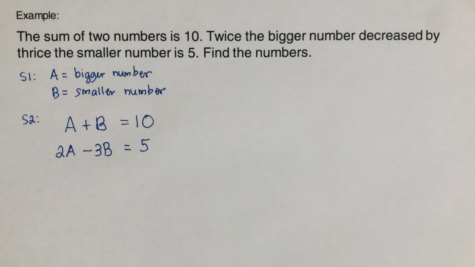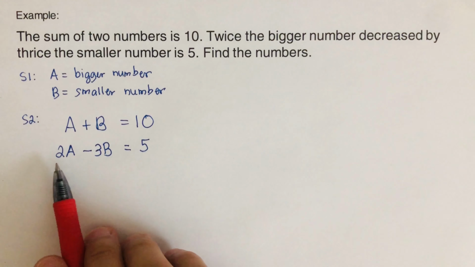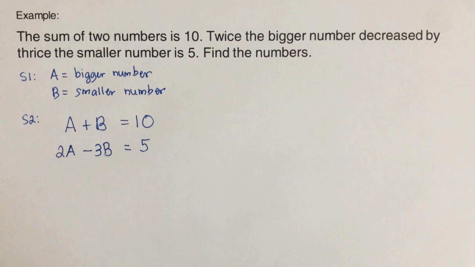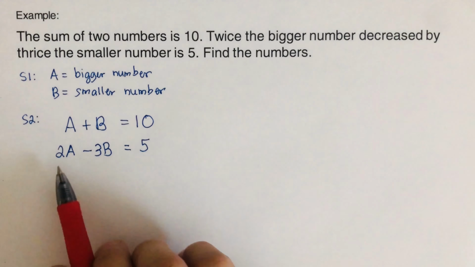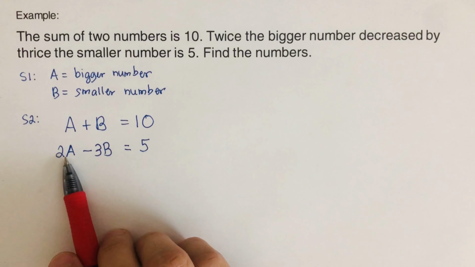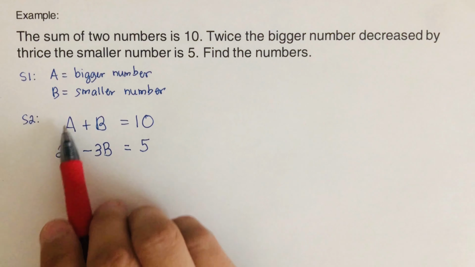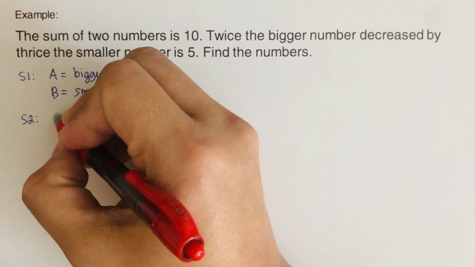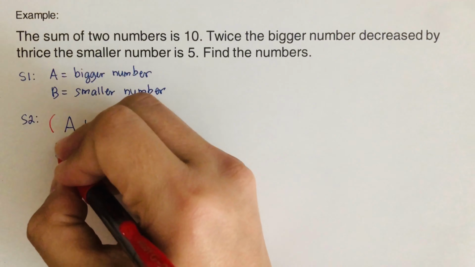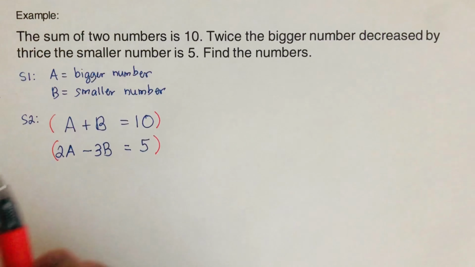So we already have a system of equations. What we have to do now is make sure that we eliminate one of the variables so that we can solve for the other variable. In this problem, I gave you a trick so that we can eliminate the first variable. The trick is to multiply the first and the second equations by the coefficients.